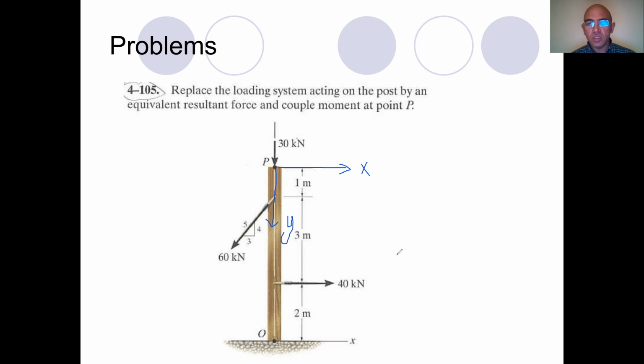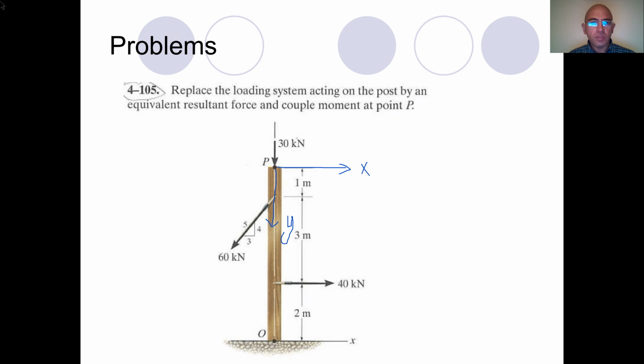And I put this new coordinate system at point P. Now I need to define the forces and position vectors with respect to this new coordinate system, and then I will write them in Cartesian form, and I will calculate the resultant force in Cartesian form and the moment.